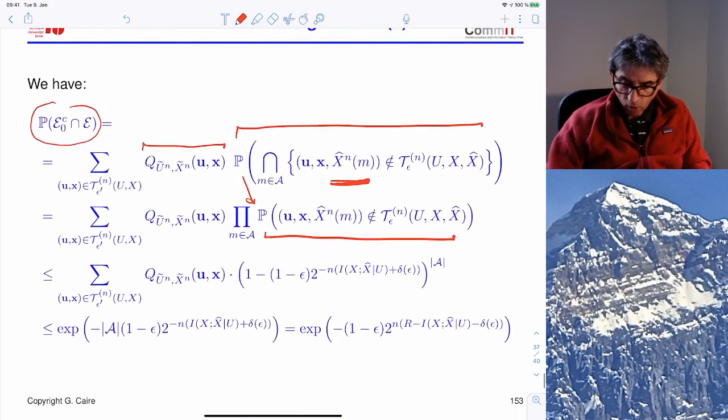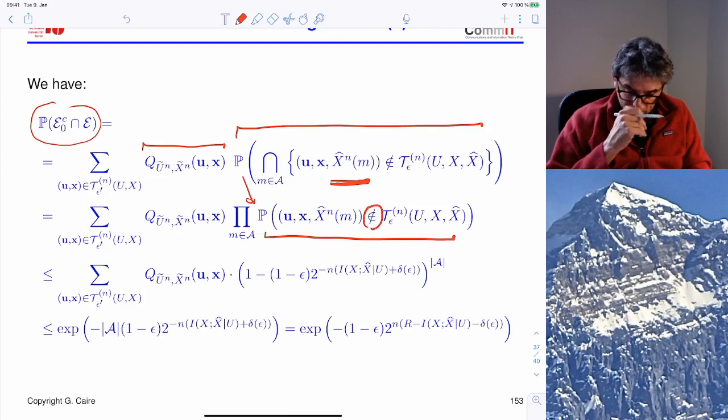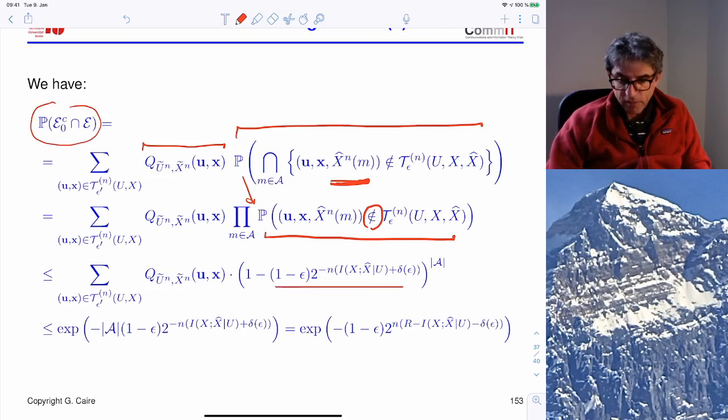The term we have here is the complement, not jointly typical, so we can upper bound it by 1 minus the lower bound. That gives an upper bound to each of these terms, and then we have the cardinality of A terms in this product, so I have 1 minus the lower bound raised to the cardinality of A. This gives me an upper bound to this product.